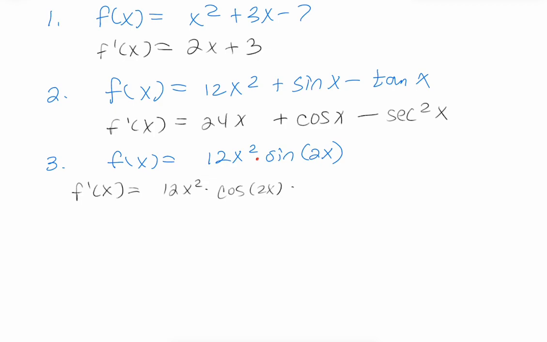The stuff stays there, and then we multiply by the derivative of the stuff. So the derivative is 2. And then plus the second times the derivative of the first. So just be careful. Make sure you look over your flashcards before we take the test.